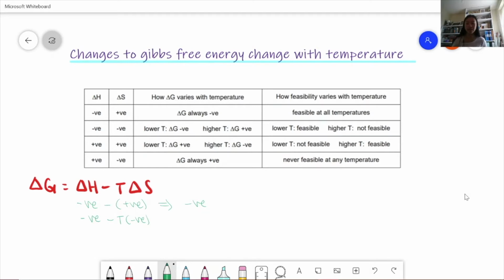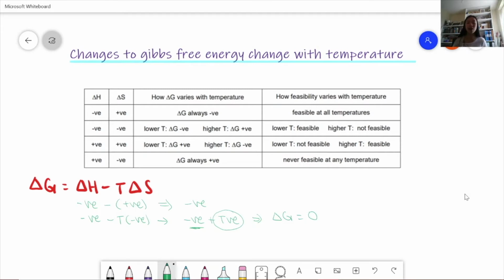And we can see that because what we have right now is a negative plus T positive. And so if this T positive is equal to this minus delta H, then what we have is that this delta G is equal to 0. And this is the tipping point, whether the reaction is feasible or not feasible.